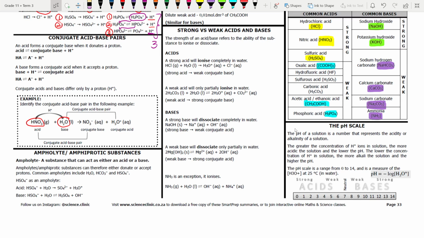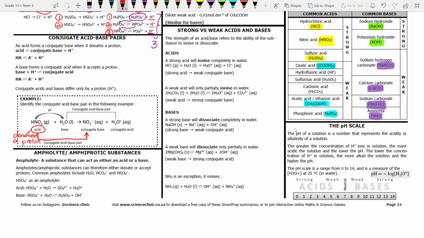So what HNO3 is going to do is donate a proton to water for water to become H3O+. Because HNO3 donates a proton, we can say that this thing is an acid. Why? Because it donates a proton. Then you go on the product side. Which one on the product side looks like HNO3? That's going to be NO3.